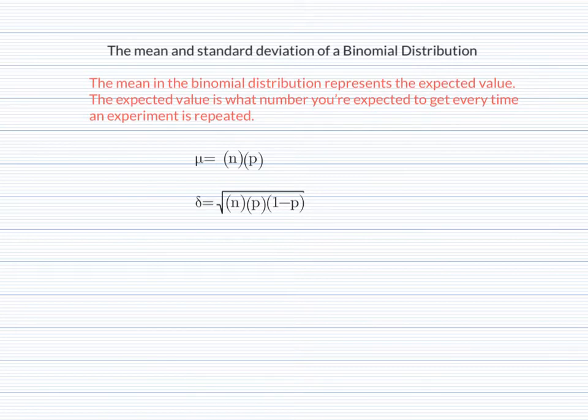The standard deviation is pretty simple, and it's built right off of the mean. It's the square root of n times p times 1 minus p. The standard deviation just represents how the values are distributed, how the probability is distributed around the mean.